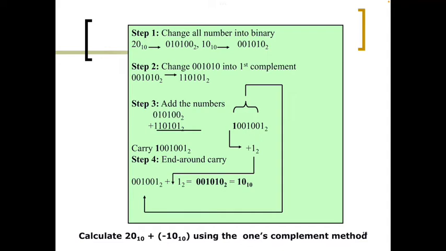This is up to you to use whatever technique you want. This is not wrong if you just use your calculator to get the binary. Change all numbers into binary.